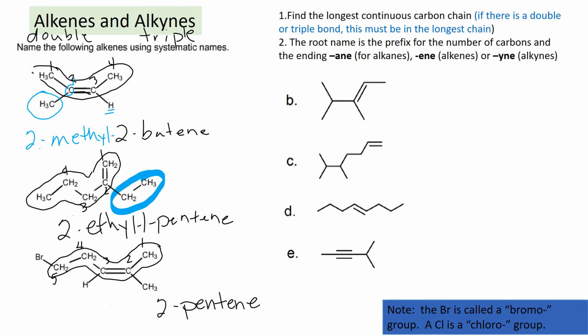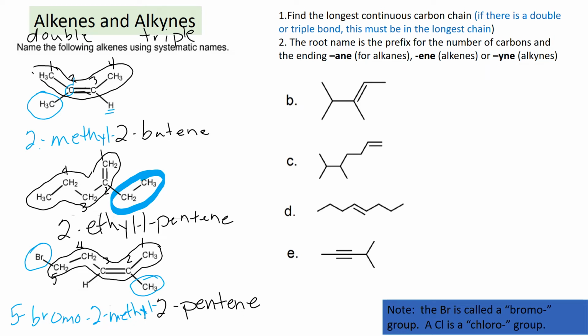And then the branches, we have this branch, which is a methyl, and we have this branch, which is a bromo. So bromine, we'll call it bromo. So we're going to call this 5-bromo-2-methyl-2-pentene. And that's the name of that one.